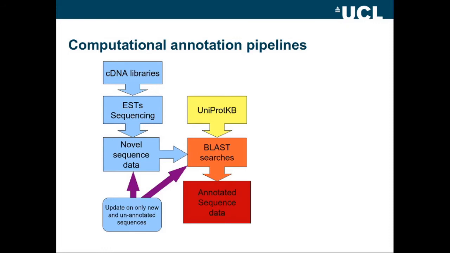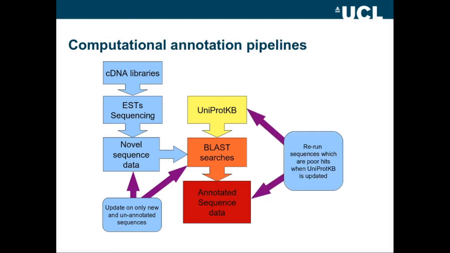So we're going to want to rerun those BLAST searches whenever we have more sequence data. Similarly, the UniProt resource gets updated regularly. So when that happens, we want to rerun the searches again in order to reannotate any sequences that didn't hit anything in UniProt previously, or only hit with low confidence.